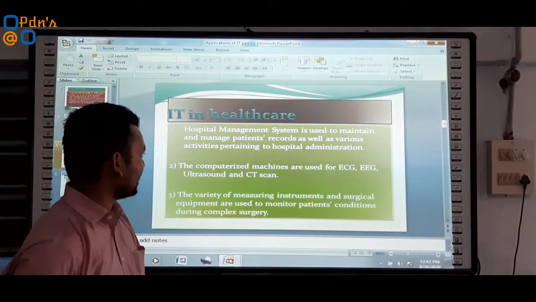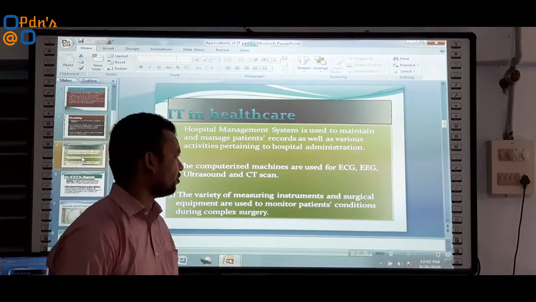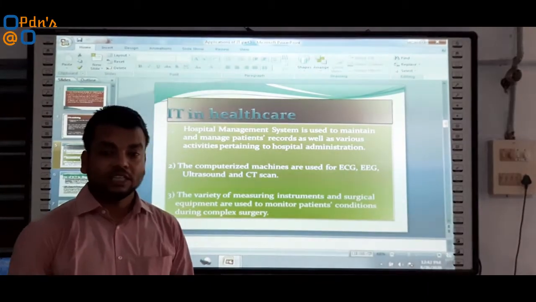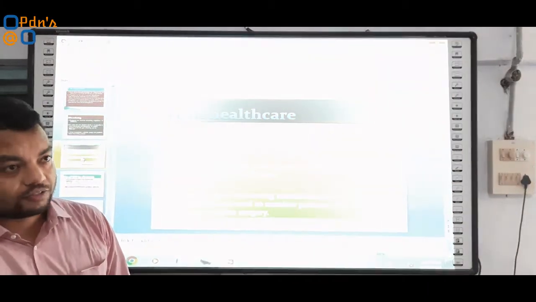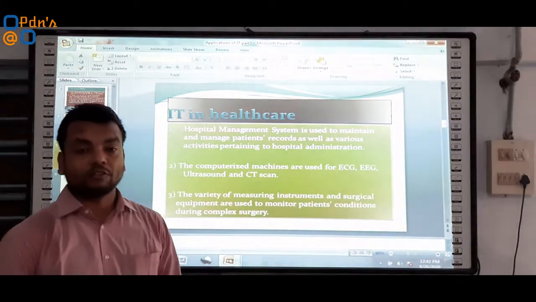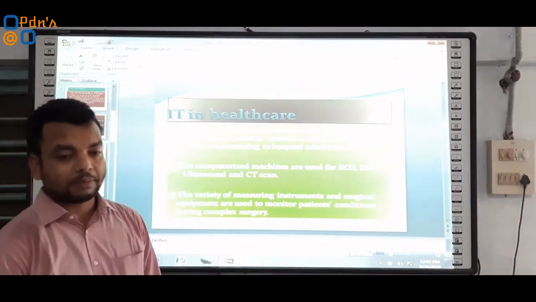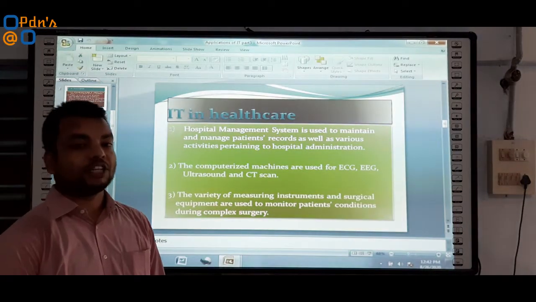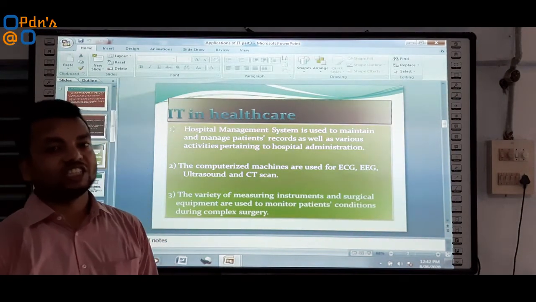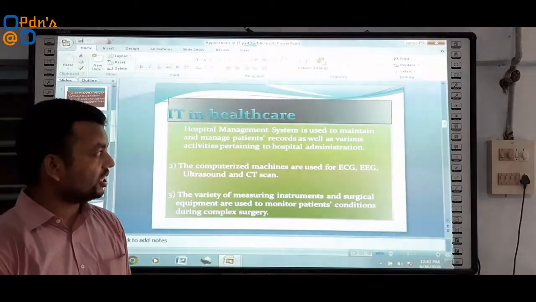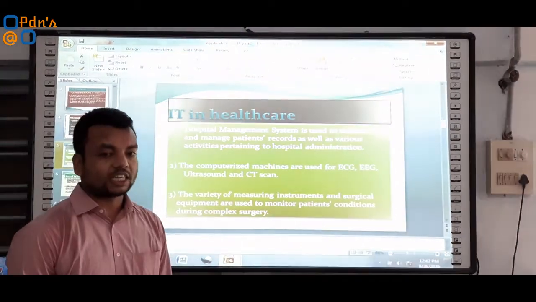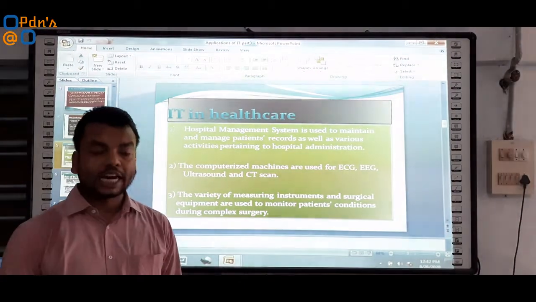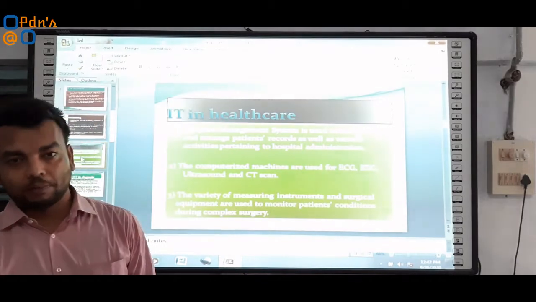Now the second category is the computerized machines used for performing EEG, ECG, ultrasound and CT scan. Before performing any of the surgeries or any of the major tasks inside the hospital, the patients are required to undergo a series of tests in order to find out any kind of disease internal to their body parts.